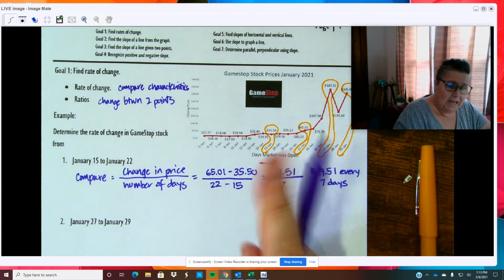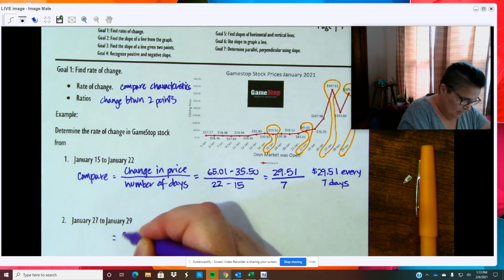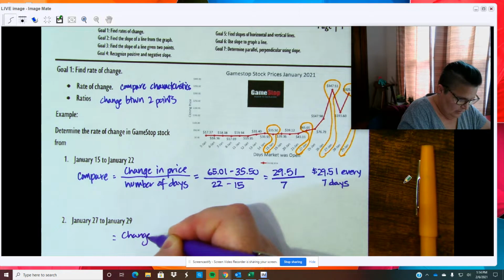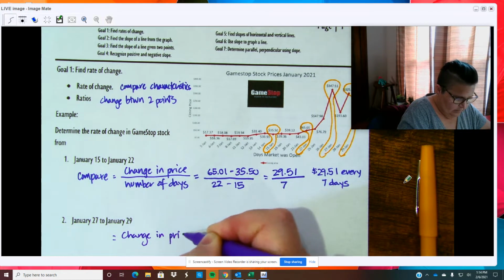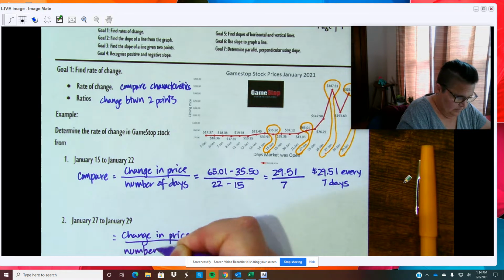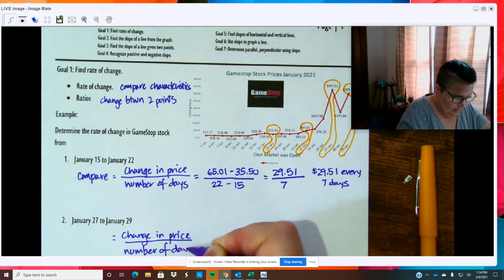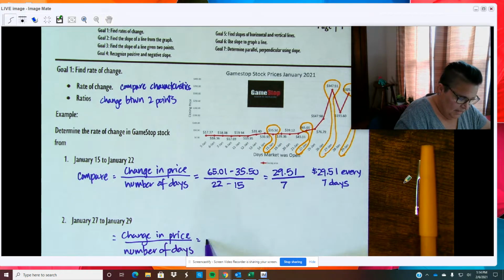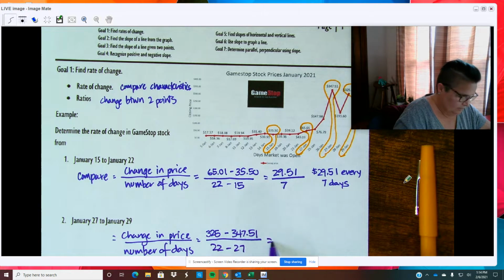And we look again at the change in price as compared to the number of days. So in this case, the change in price would be $325 minus $347.51. And then we'd have 29 minus 27.